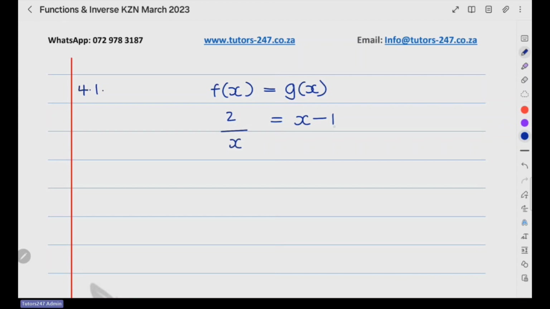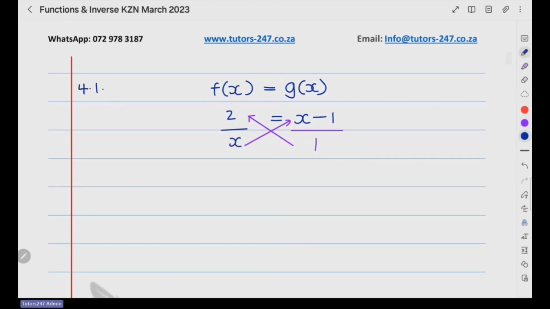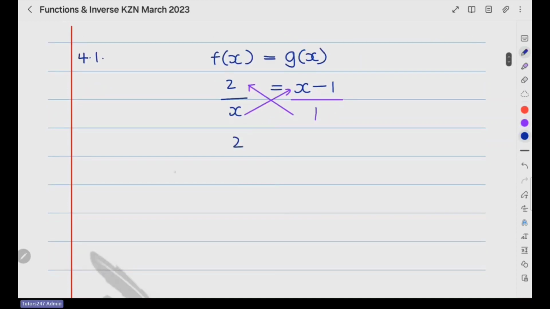From here, all we are going to do is cross multiply. So we can have x minus 1 over 1, and we can cross multiply. So 1 times 2 gives us 2, x times x minus 1.